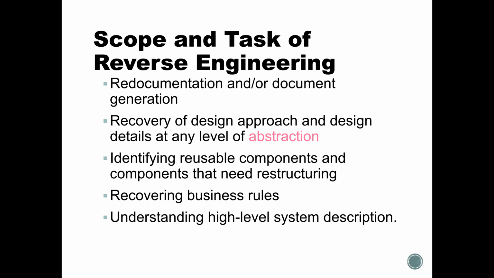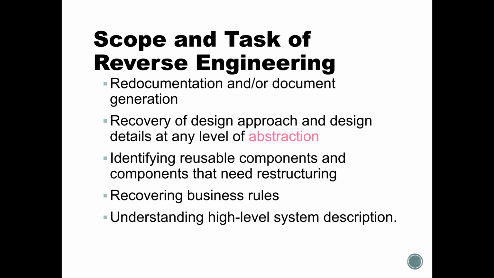So reusable components can be identified, which we can directly reuse. And of course, we can also identify different components which we can restructure, make some changes in, and use in our new product. We can recover business rules which were associated with the product, and because of these business rules, it is very easy to design the whole product.